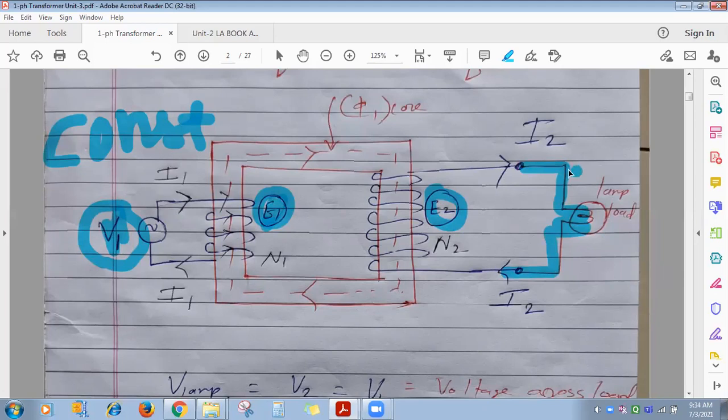Initially I have switched on one, then second, third, fourth. What is expected? Voltage across these lamps should be constant or changing? In parallel. Very good.